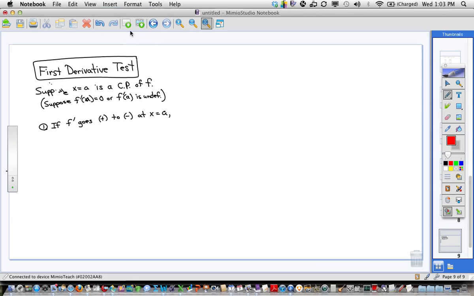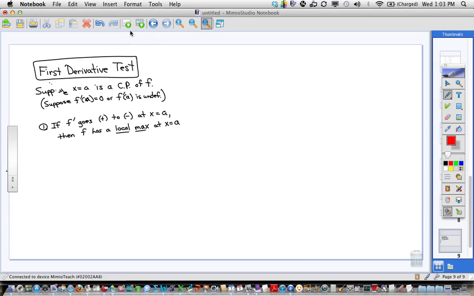Now, what they say is if f prime is greater than 0 to the left, and f prime is less than 0 on the right, okay? But basically we know we're going left to right. What I'm saying is if f prime goes from positive to negative at a, then f has a local max at x equals a.